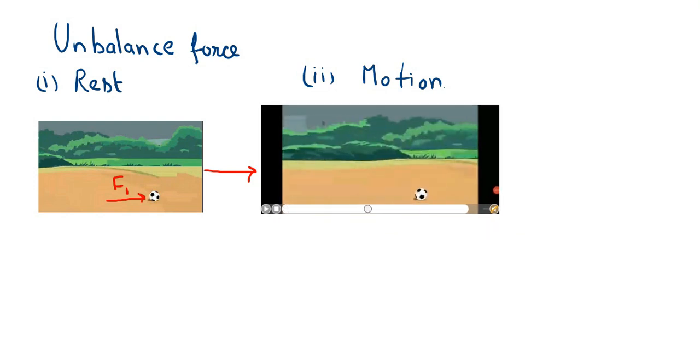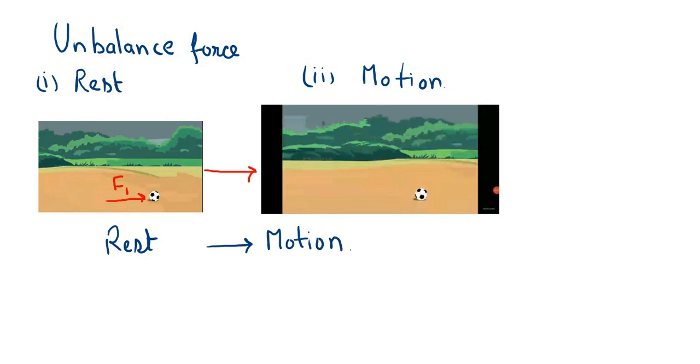That means initially the object's state was rest, and after applying the unbalanced force, its state will convert into motion. Similarly, if initially the object is in motion, after the effect of unbalanced force, the state can be changed into the state of rest. So, what can we conclude?